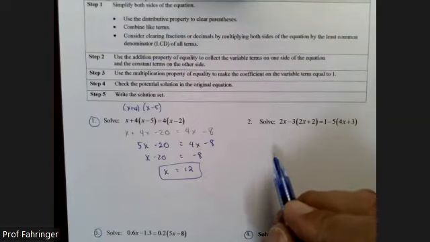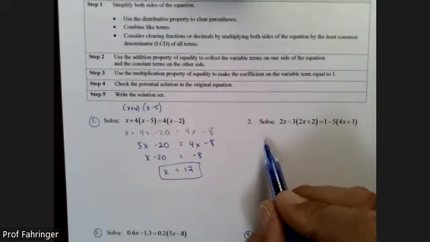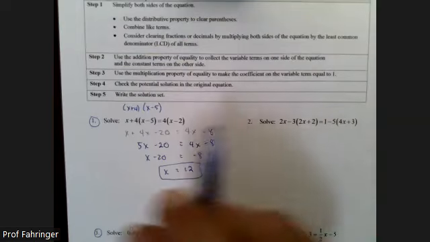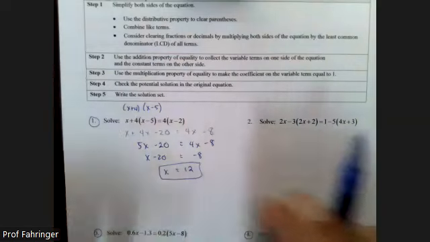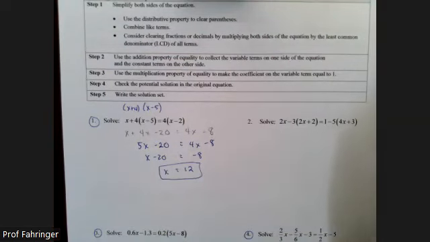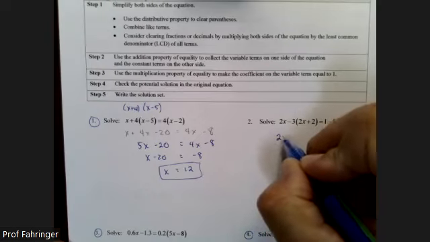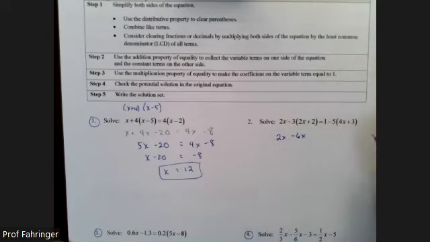The next line should be, somebody? I'll wait. Nicole says -3 times 2x. All right, so I get 2x minus 6x.